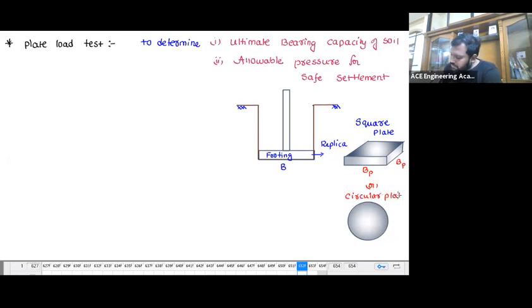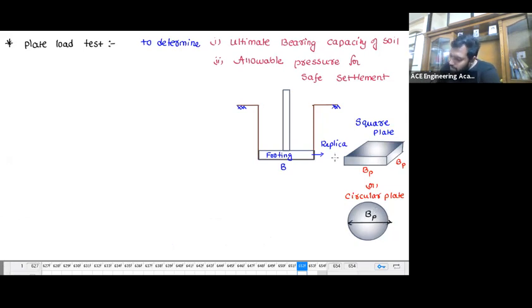So in this test, instead of constructing the actual foundation, we replicated the footing as a square plate or circular plate. And in the case of the circular plate, whatever the dimension, you can observe this is nothing but the dia of the plate.